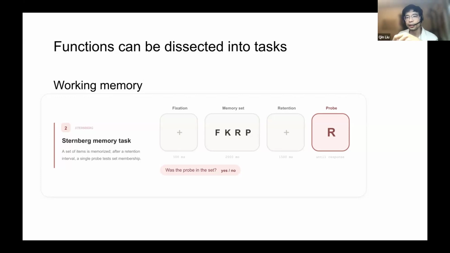And then, similar as before, there will be a delay period, or in Sternberg's test, sometimes referred to as retention period. And then one image or one letter will show up again on the screen, and the subject needs to tell whether this one was shown among the set of items that he saw before.